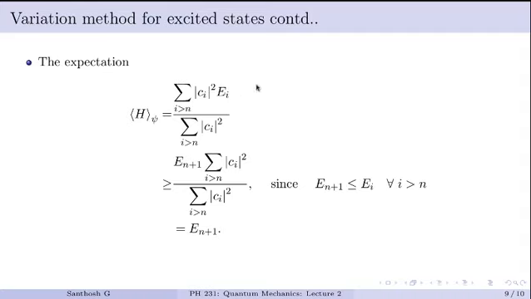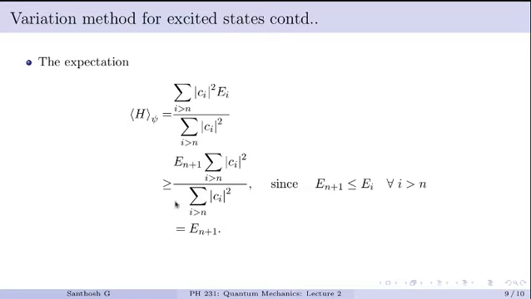And therefore, the series given in the numerator is greater than the series in which these Ei are replaced by En plus 1. And the expectation value of H now satisfies the inequality that it is greater than or equal to En plus 1, sum over i greater than n of Ci mod square, divided by the same numerator.